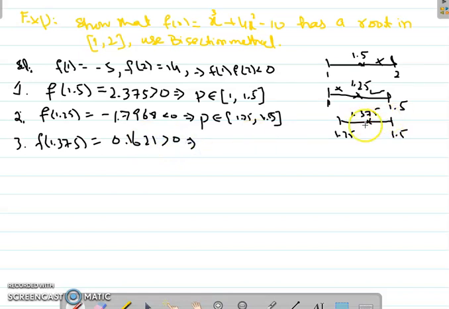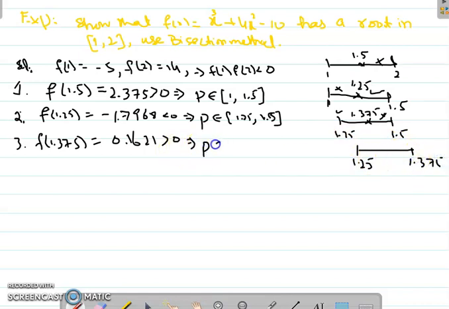So while substituting 1.375 in the function, we got the positive value, and on 1.5 the value is already positive, so we will exclude this portion, and we will consider this interval, 1.25 and 1.375.